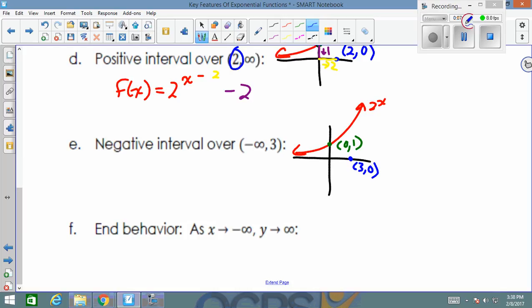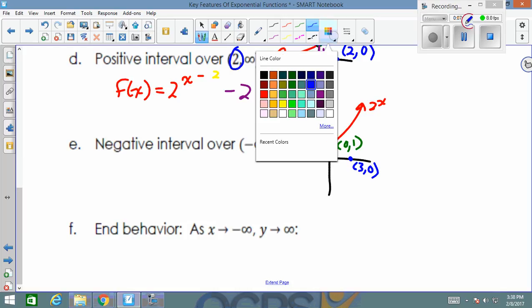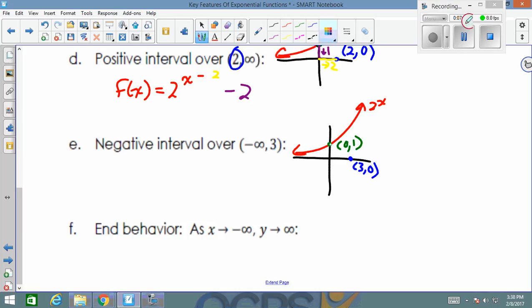Well, I need to move it down 1 unit, and then I need to move it right 3 units. Down 1 unit would be minus 1. Right 3 would be minus 3 in the exponent. So that's y equals 2 to the x minus 3, minus 1.